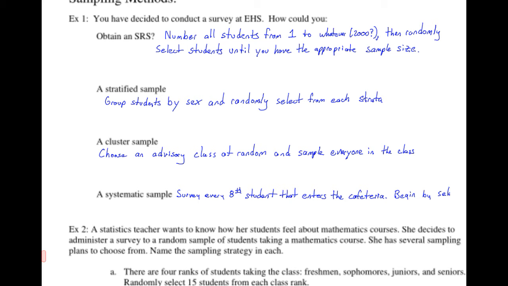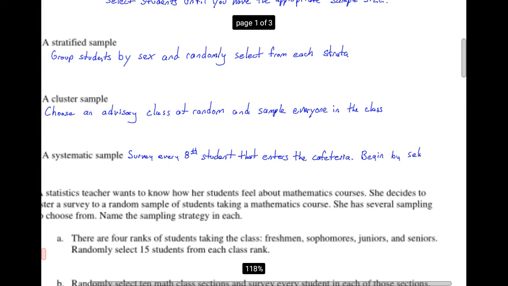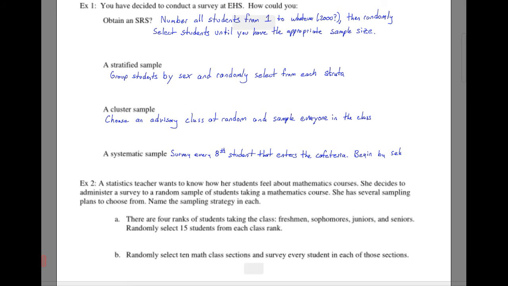Okay, so for a systematic sample, I kind of jumped the gun there, but you're going to survey every 8th person. We have a system in place, so we're selecting the same person from each group that enters the cafeteria. We'll begin by selecting a random person, though, so we have to have randomness in there. I'm going to generate a number 1 through 8, and let's say I get 5.